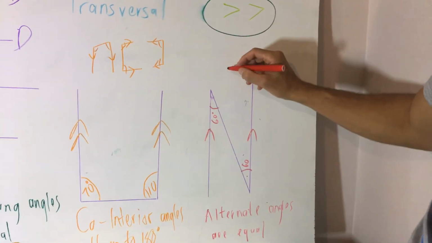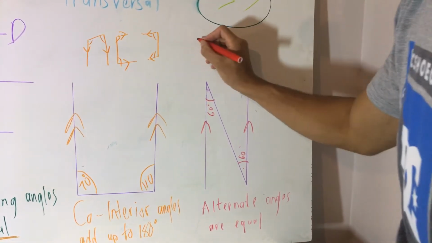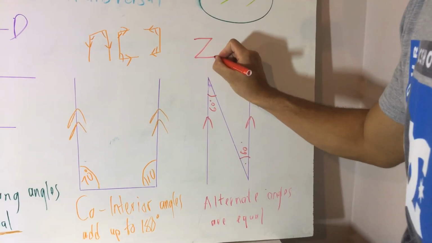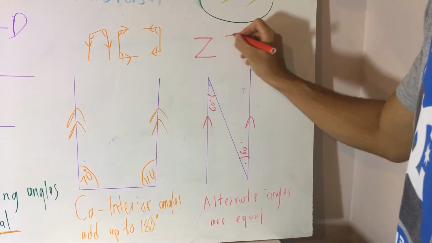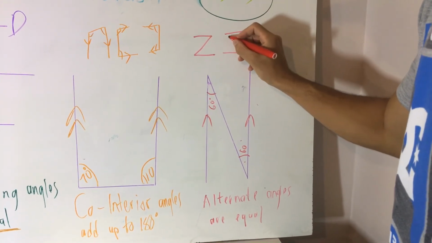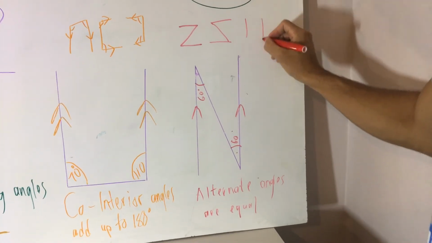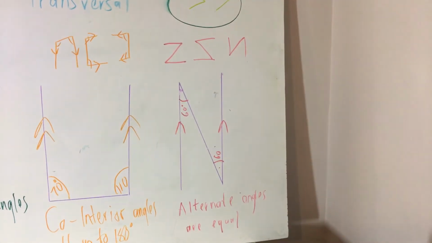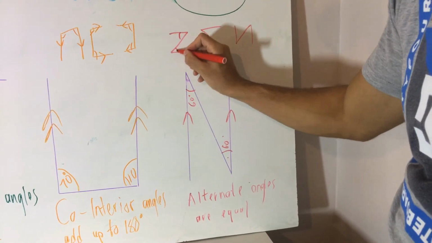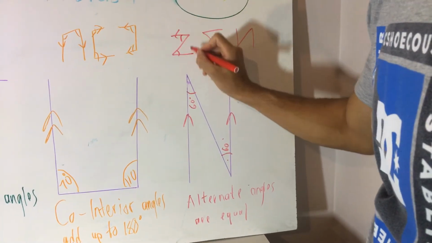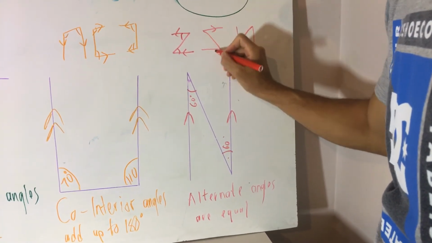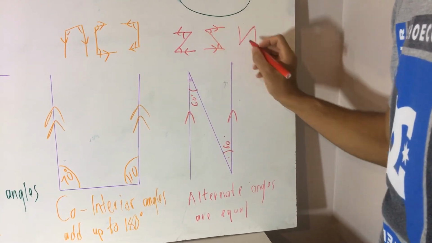So you have the N, you can have, I hate doing these ones, you can have a Z, you can have the backward Z, meaning we go this way, and then we can have the N but the opposite way in. Do you see that? And then again, that angle is equal. Oh, and we always have to have parallel lines, eh? Don't forget that. If you don't have parallel lines, you can't say that these things are equal.